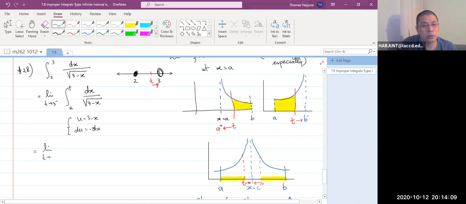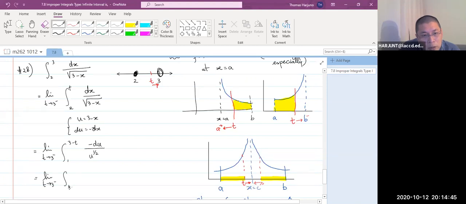As t goes to 3 from the left-hand side, the integral from 1 to 3 minus t of negative du over u to the power of 1/2. Let me change the order of integration.